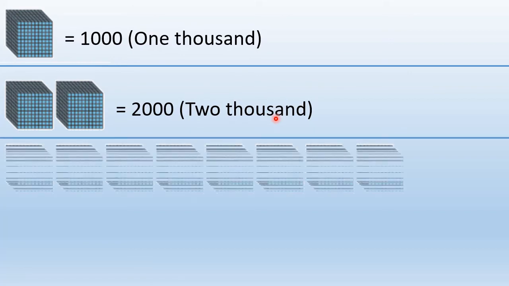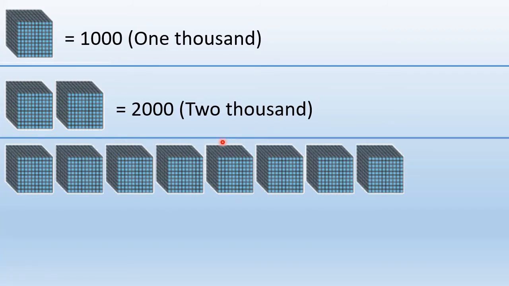And if we have some more, how many blocks are here? Let us count: 1, 2, 3, 4, 5, 6, 7, 8. We have 8 blocks here. The value of each block is equal to 1000. Then what is the number represented by these 8 blocks together?